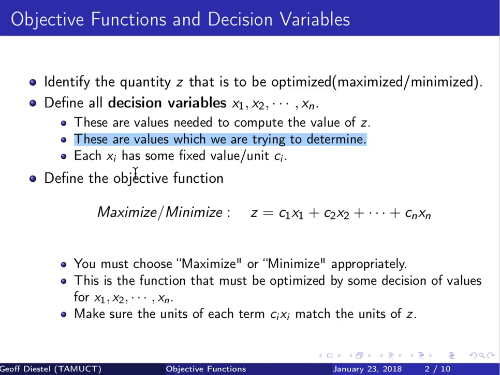But in order to do this, each of these variable quantities is tied to some fixed value per unit, which I'm just calling c with a subscript 1, 2, 3, and so on. So multiplying the number of units x sub i by the value per unit c sub i will give us a total value contributed from that quantity x sub i.